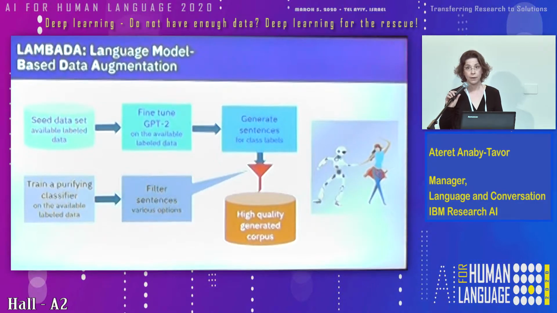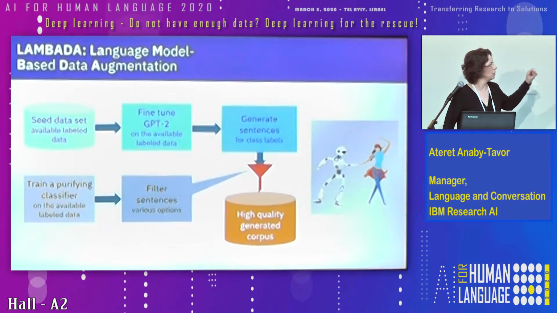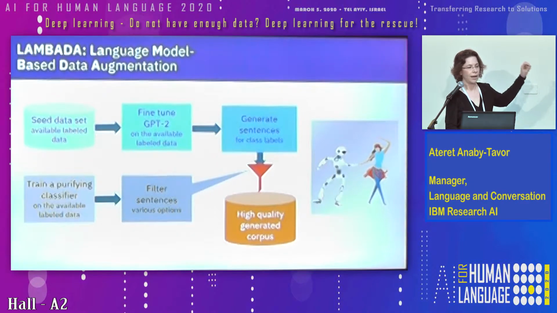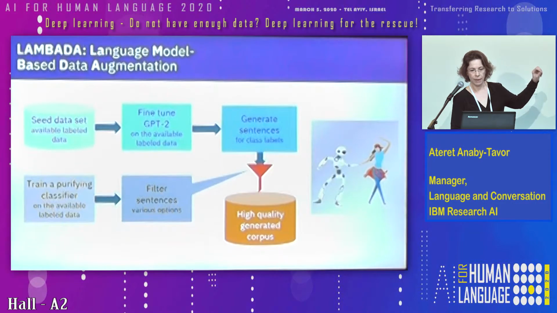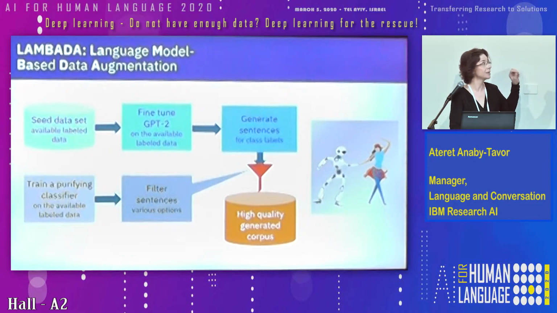This is not enough. However, this is not a big deal for the subject matter expert to create. And what we did is we fine-tuned GPT with that seed data. I will in a minute show you how exactly we fine-tuned it.